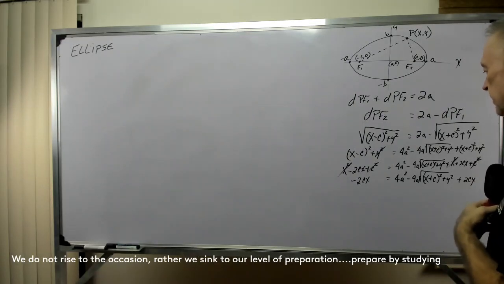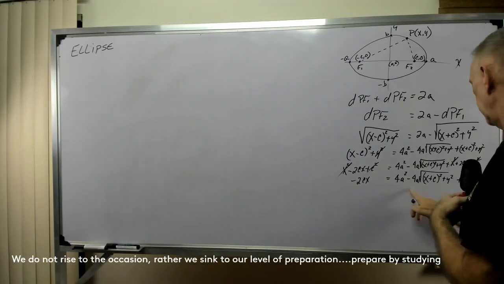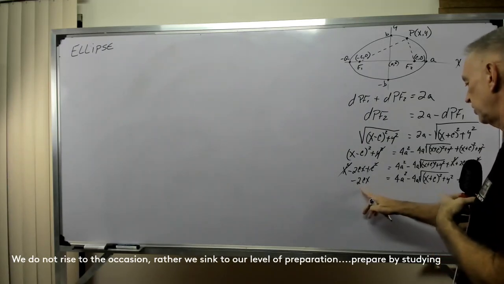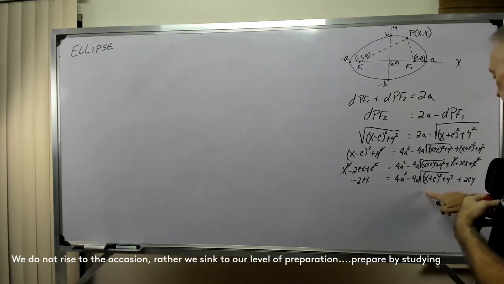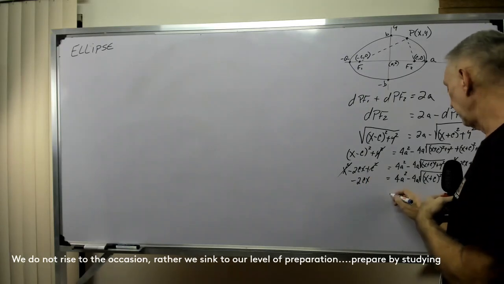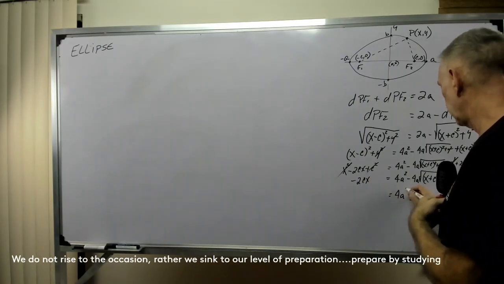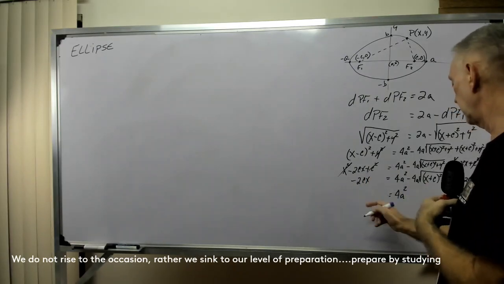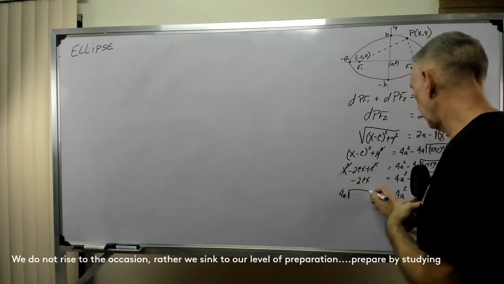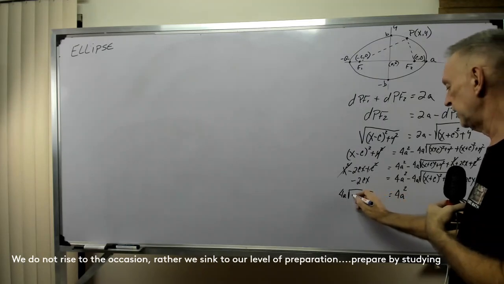Well, all right, let's add 2cx to both sides, and then I'm going to subtract this from both sides. So that would give me 4a squared. Remember, this is going to go to the other side. I better put it there. 4a times the square root of x plus c squared.